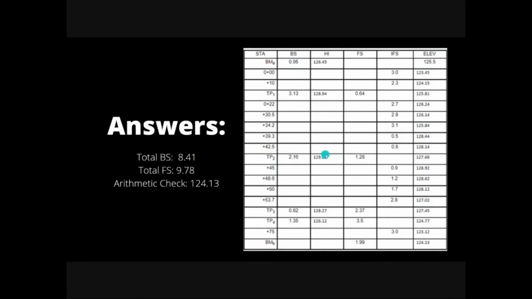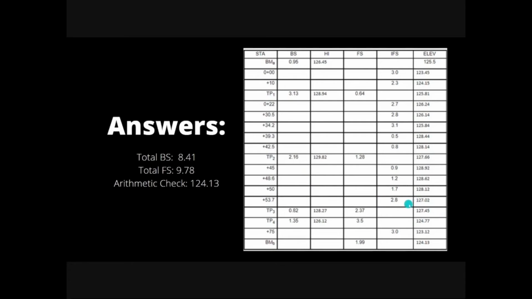And then to get the elevation value for this station, same process as we did here. New HI minus the foresight value of the station, we will obtain this new elevation value. Same process for this data, since there's no new bauxite reading, or we didn't make another turning point.